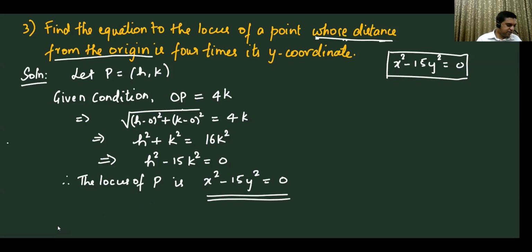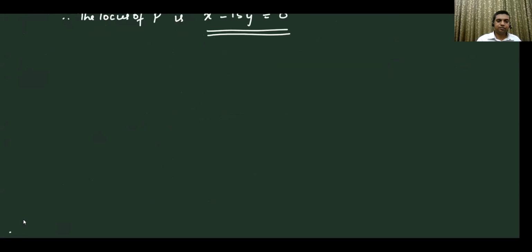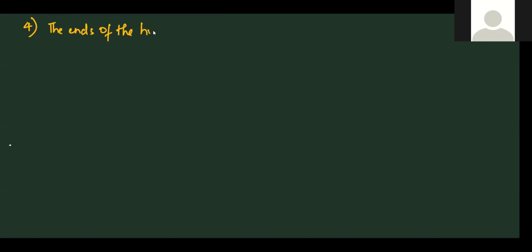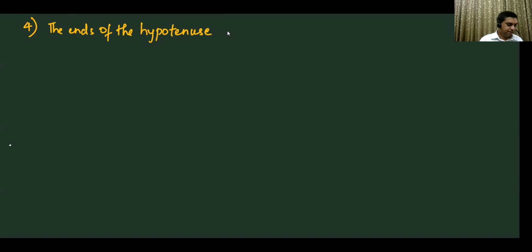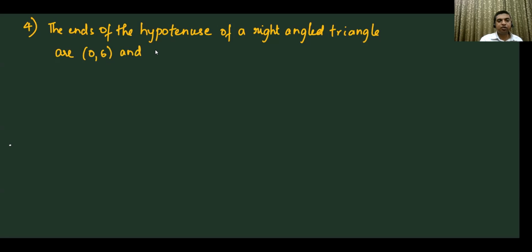So next problem. Next is an interesting problem. The ends of the hypotenuse of a right angle triangle are 0, 6 and 6, 0.